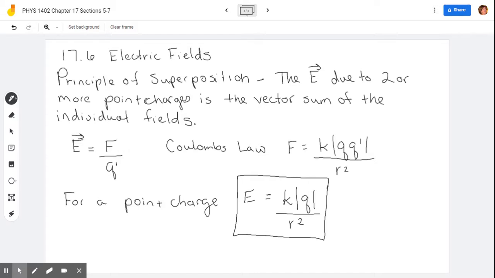One of the ways that we represent electric fields that's really helpful is to use electric field lines. Now, electric field lines are discussed more in section 17.7, but I think it's so valuable. Let's look at a picture.